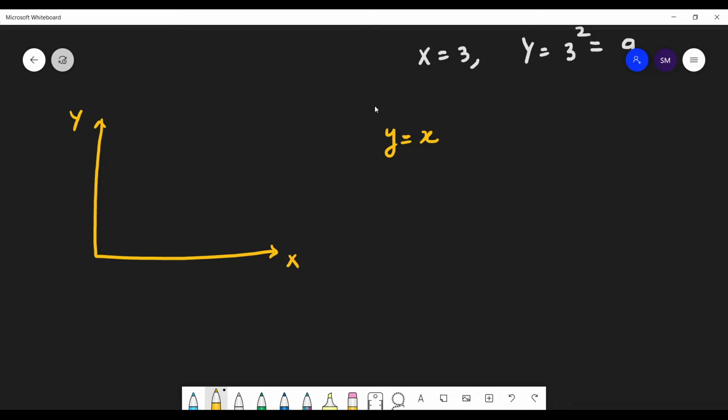What's the relation between x and y? Y equals to x. Relation is an equation which has x and y. That's your relation. So it's an equation. So x equals to y.